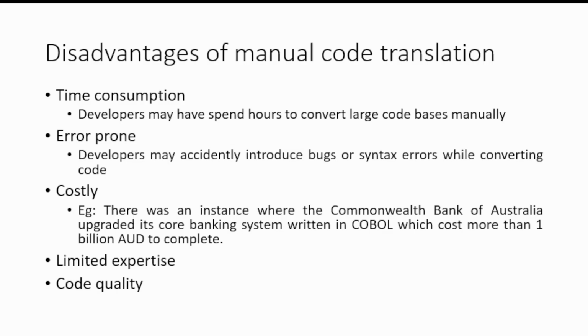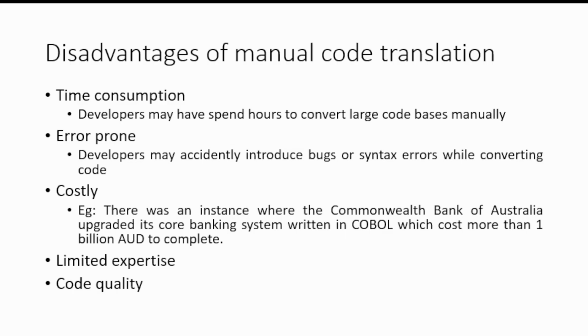So this means that this manual code translation process is a costly, error-prone, time-consuming task, right? And this requires expertise in both languages, in this case both Java and JavaScript. When you are manually translating, you may also have to face some code quality issues.